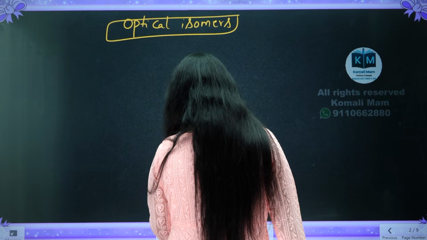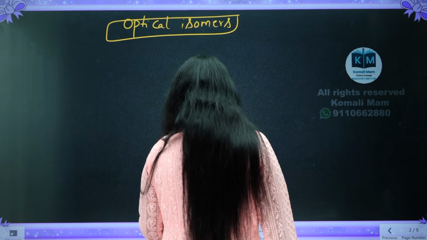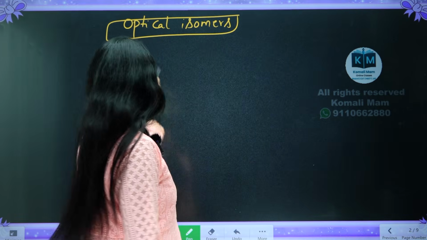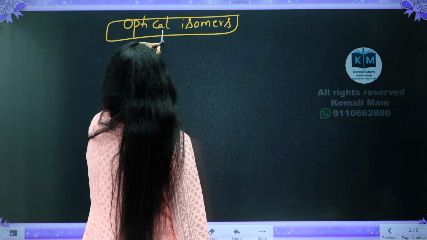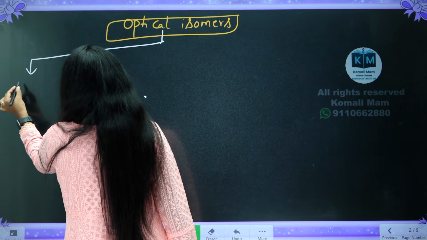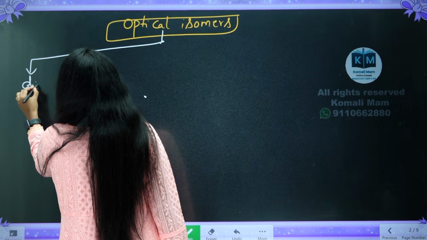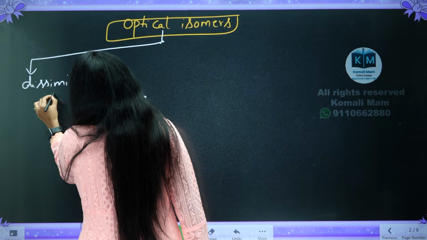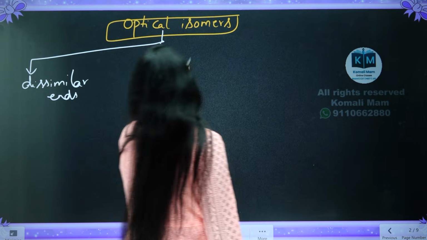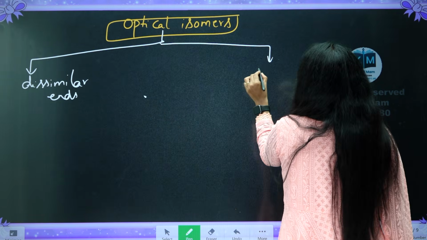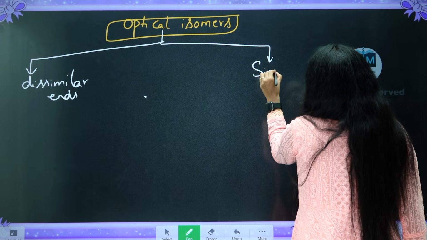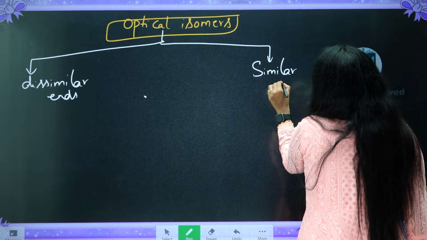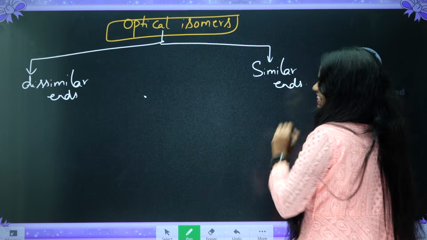See students, first you have to find the stereogenic center. I'll tell you what the stereogenic center is. You just see whether the molecule has dissimilar ends or similar ends. This also will guide you. What is the formula for dissimilar ends and similar ends?